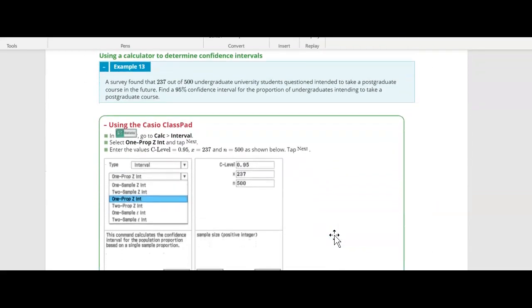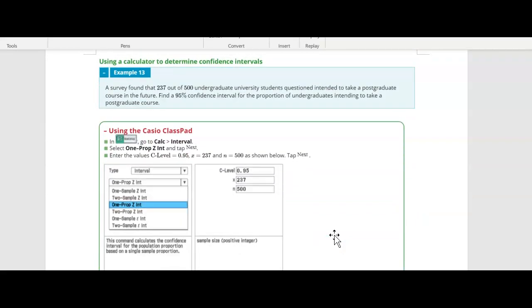Let's move along. In example 13, we're going to be using the calculator again. A survey found that 237 out of 500 undergraduate university students questioned intended to take a postgraduate course in the future. Find a 95% confidence interval for the proportion of undergraduates intending to take a postgraduate course.